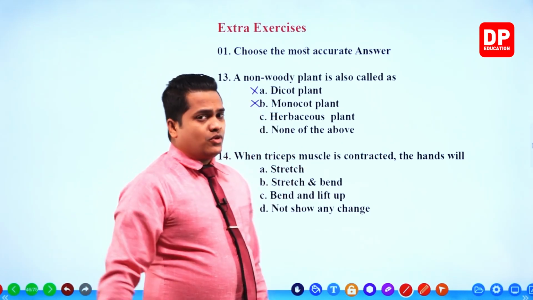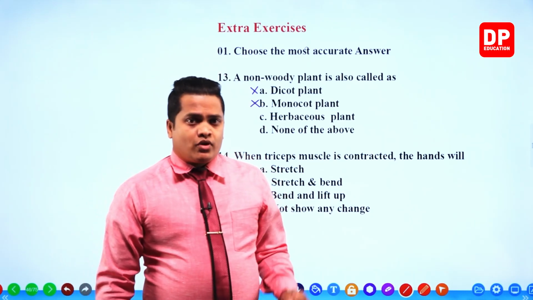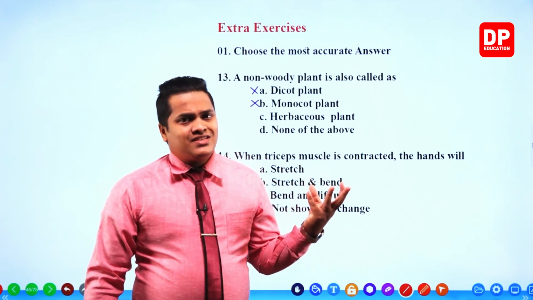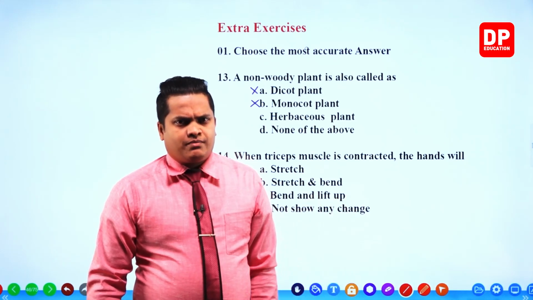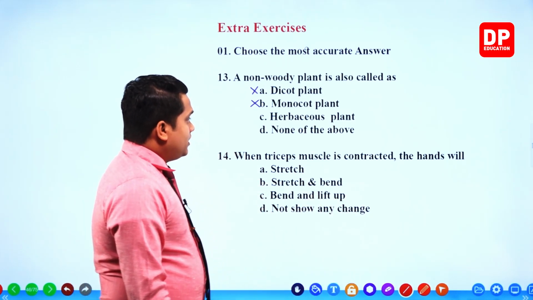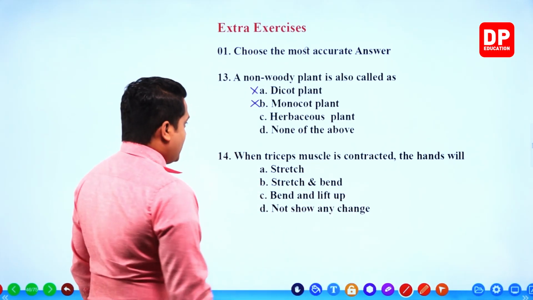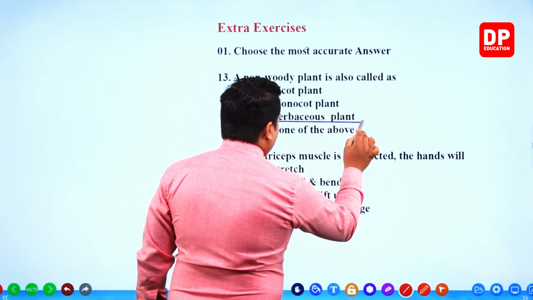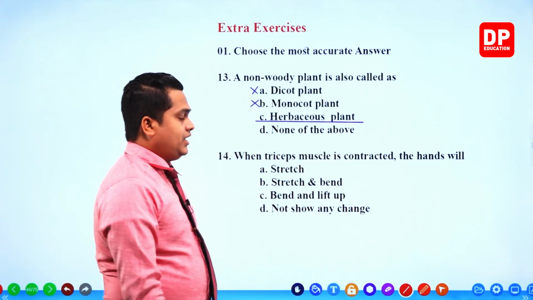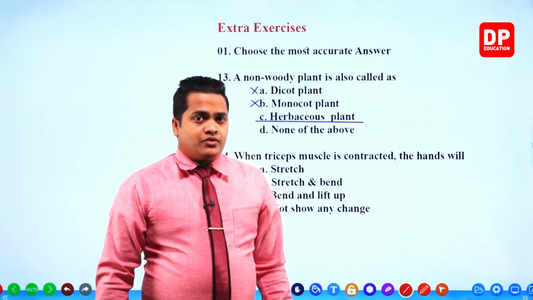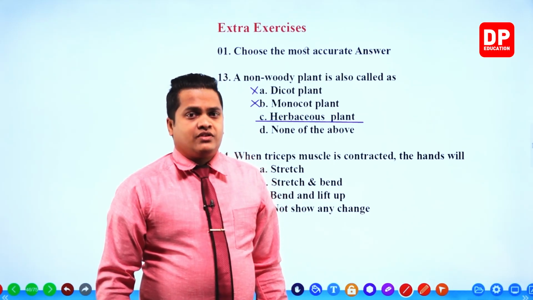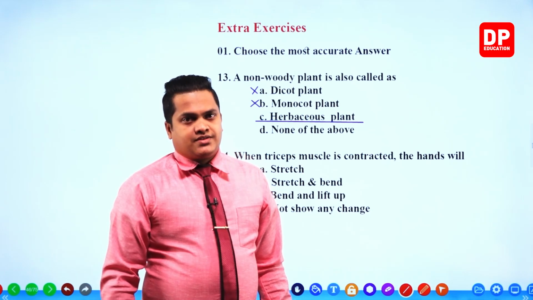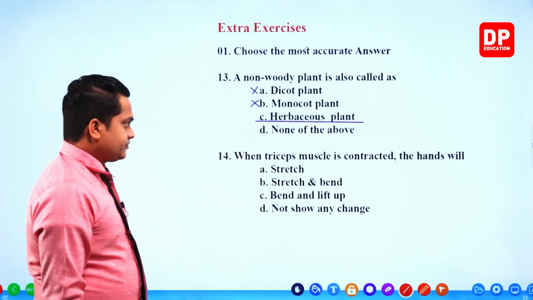Monocot plants mean it contains only one seed lobe. Herbaceous plant. Now that's our answer in the earlier question when we are discussing about the non-woody plants. I told you that non-woody plants are also referred as herbaceous plants, right? Next one.